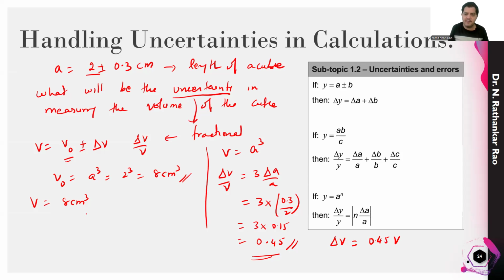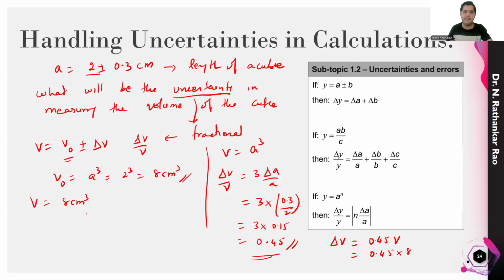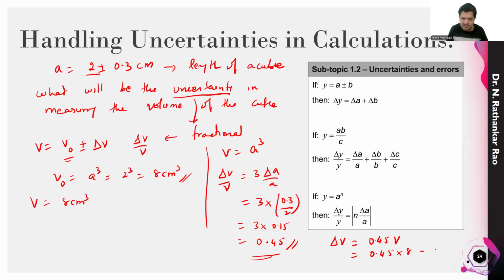So you get 0.45 times 8, which is equal to 3.6. And thus your V should be written as 8 centimeter cube plus or minus 3.6 centimeter cube.